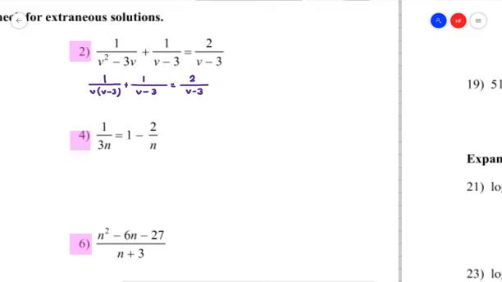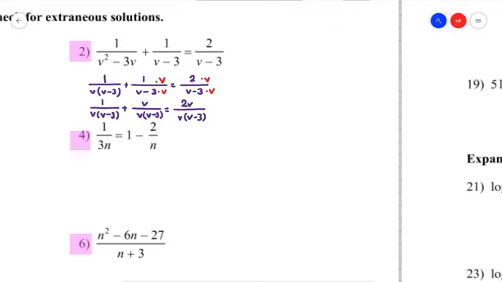So we're going to multiply by v on top and on bottom for the ones that are missing a v. That gives me 1 over v times v minus 3, plus 1 times v is v over v times v minus 3, equals 2 times v is 2v over v times v minus 3.